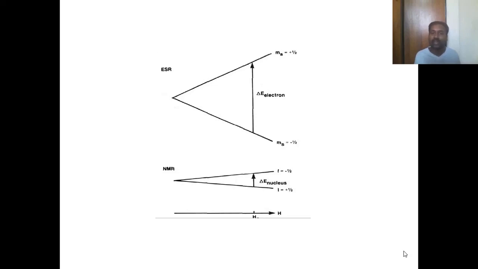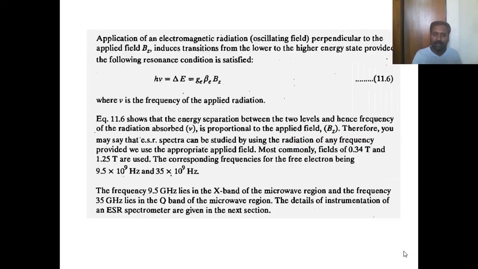Smaller energy means smaller frequency of radiation is absorbed, that is, radio waves are absorbed. Larger energy means higher frequency of radiation is absorbed, that corresponds to ESR, that corresponds to the microwave region.